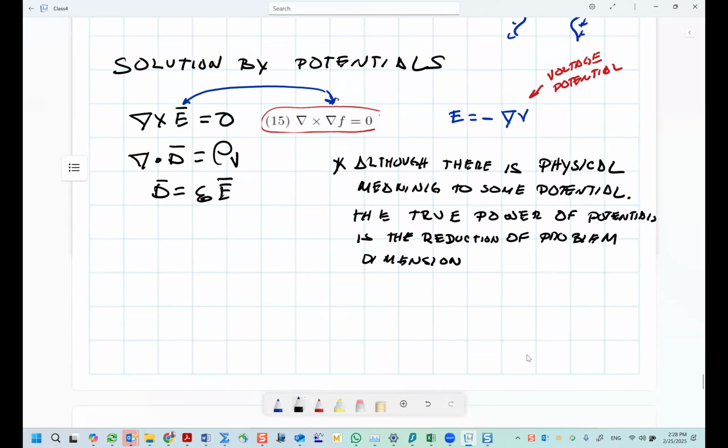Let's substitute. We know this is true, so I can say that E may come from a potential.